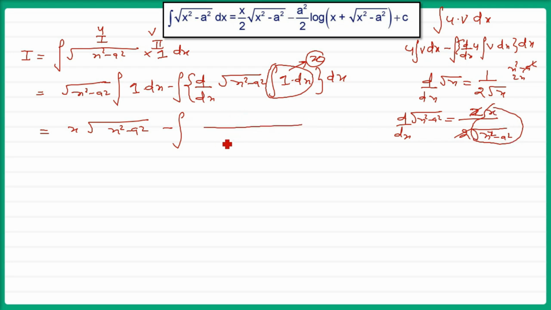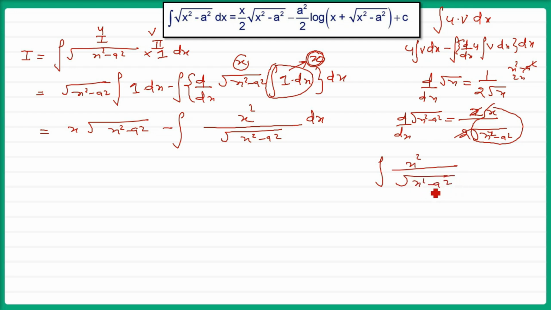So I'm just writing under root x square minus a square downstairs because x is what we got from here. But x was earlier the integration of 1 dx, if you remember. So this x and x multiplied will give you x square dx. Now I'm going to show you the integration of the second part separately. It's x square by under root x square minus a square. We need x square minus a square upstairs.